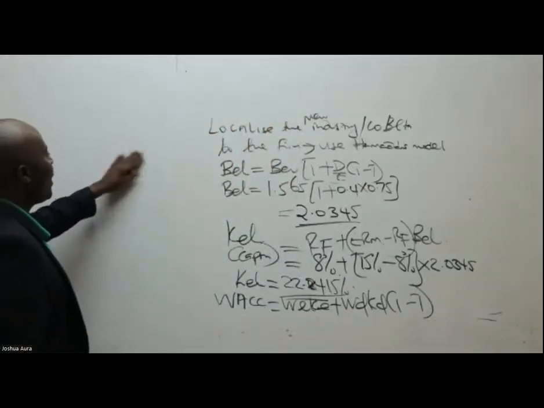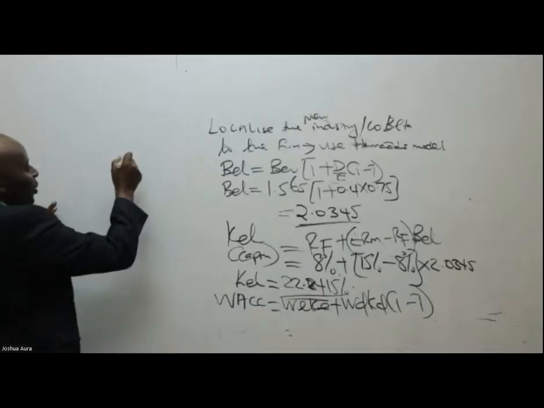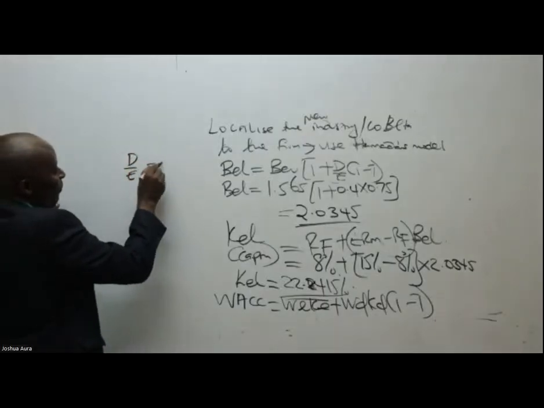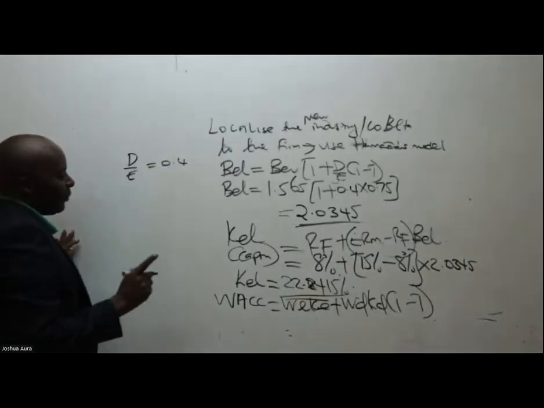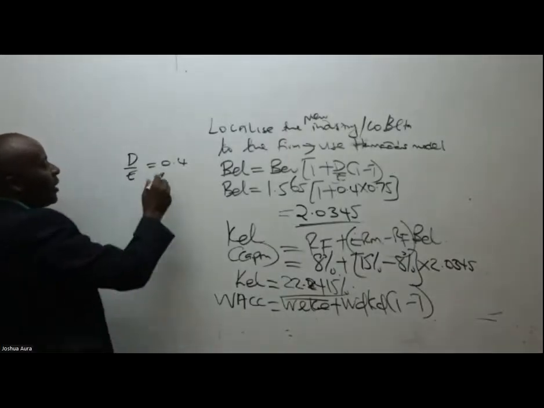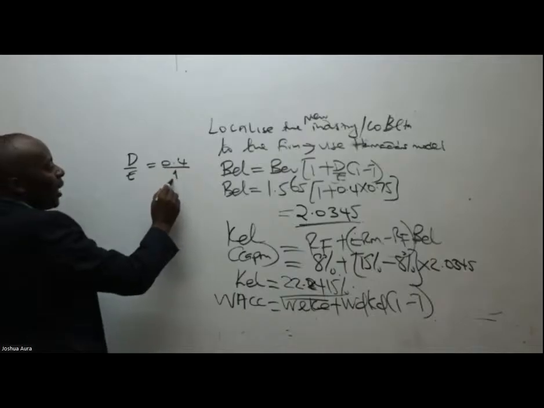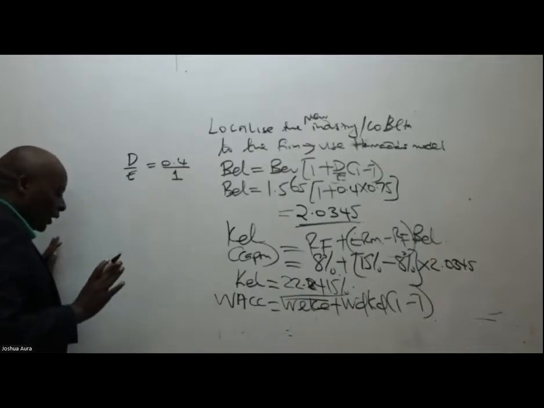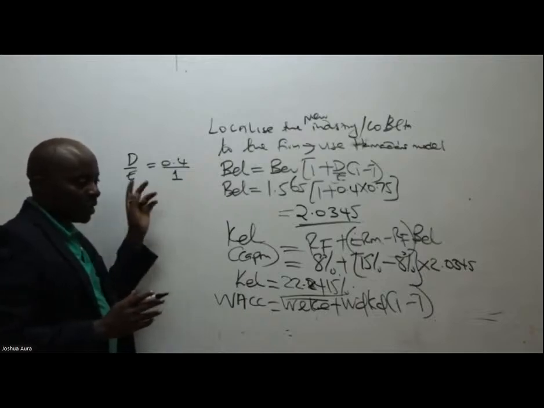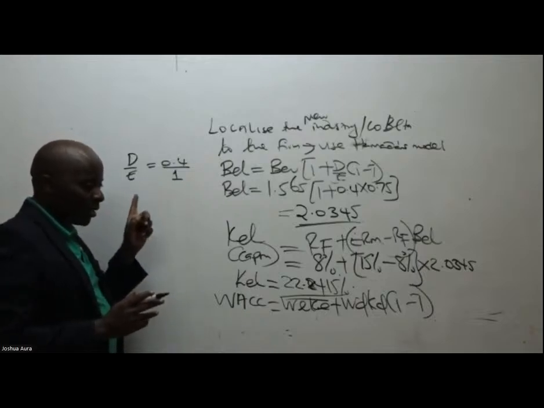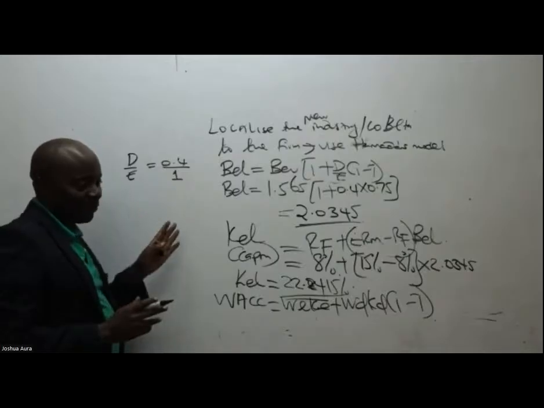When you are told that the debt to equity ratio is 0.4, you're supposed to know that this number has an implied quotient. All numbers have an implied quotient, which is 1. 0.4 divided by 1 is 0.4.